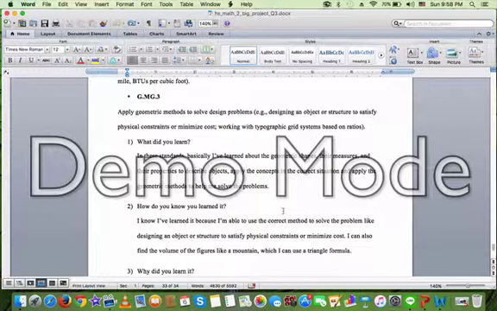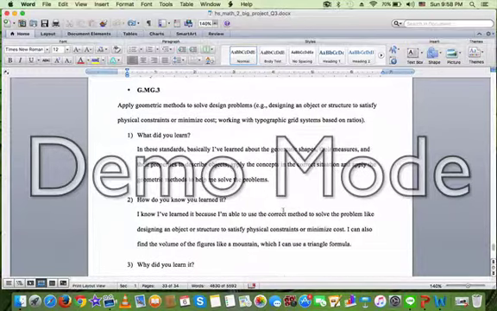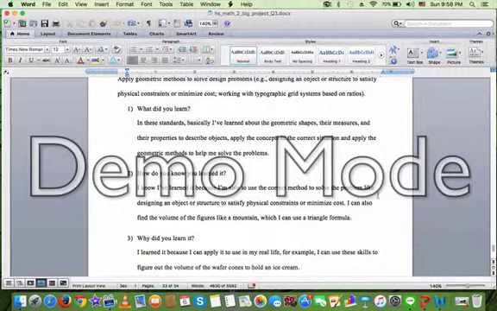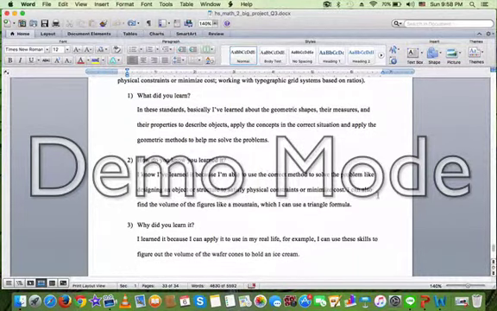And the last three standards I've learned are about geometric shapes, like how to measure the size and volume of the shapes, and the properties to describe the objects, and use them to solve problems.